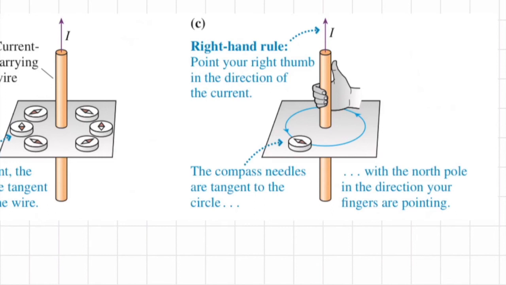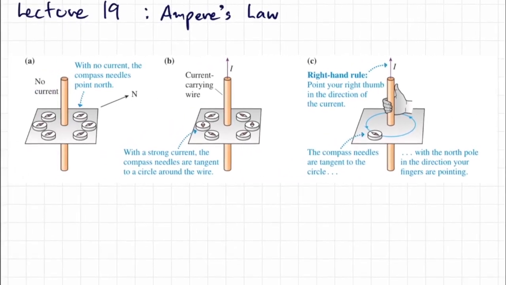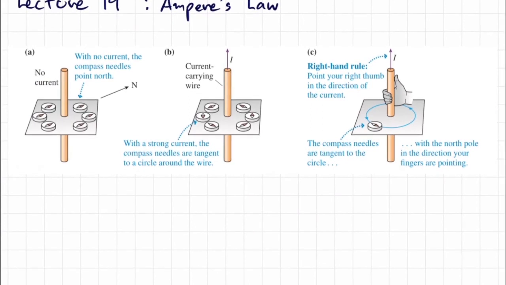Last lecture we talked about how we can calculate magnetic field from the Biot-Savart law. That's something people use more often, but it's a little bit hard to use. There's another law which we talked about at the end of last lecture, called Ampere's law. Today we're going to talk exclusively about this law.